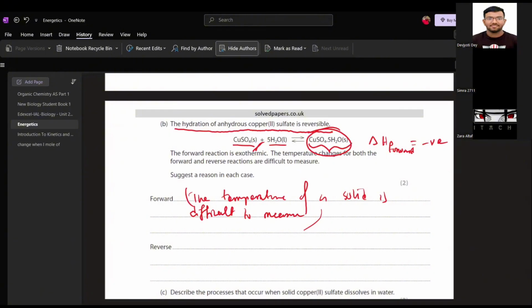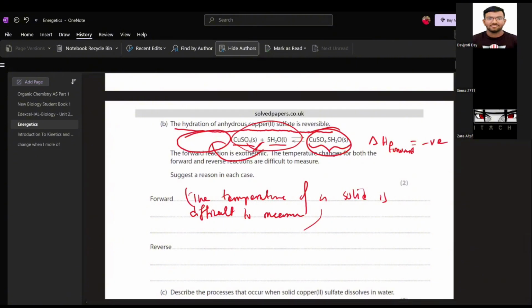Now, the problem is that other than this, it further decomposes. So when you try to measure the temperature change, the products produced by further decomposition will also come into our measurement. That would make the actual measurement harder. Did you get my point?